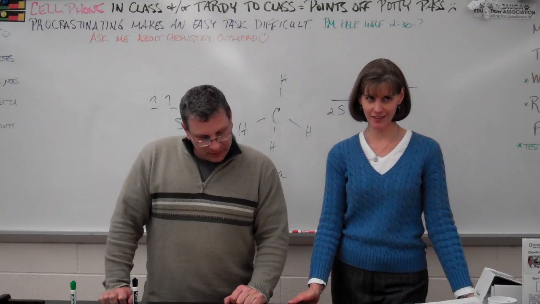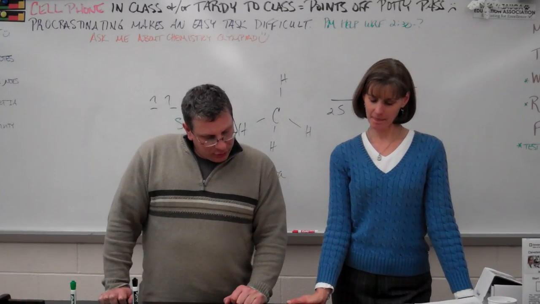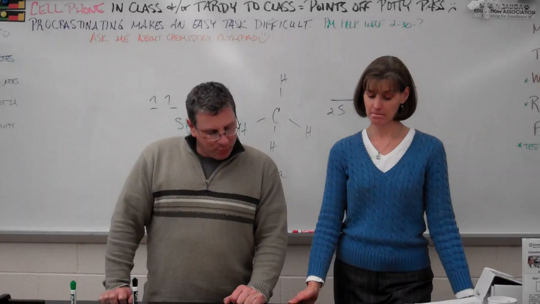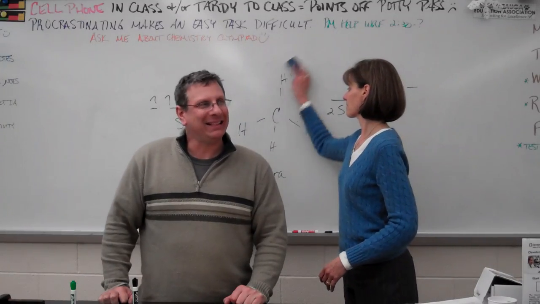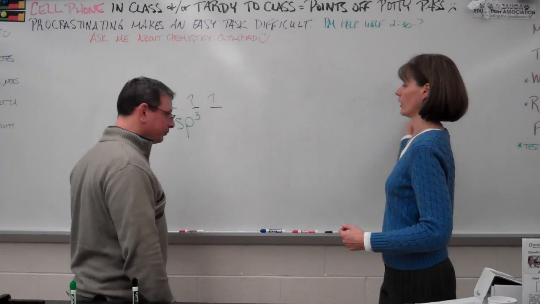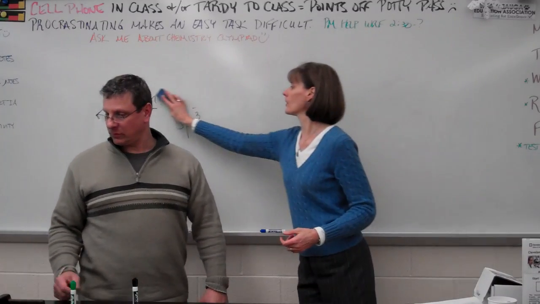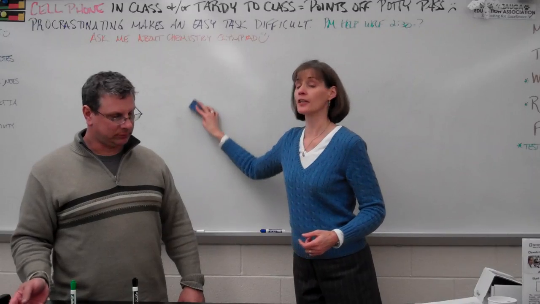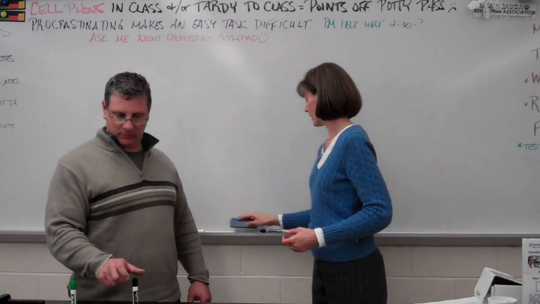You're such a softie. Number 19, how to identify the most polar covalent bond from a list of examples. You did this on pretty much every lab that we did here. We're looking at that electronegativity difference again.